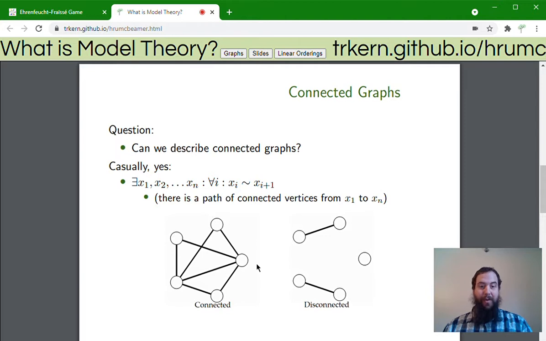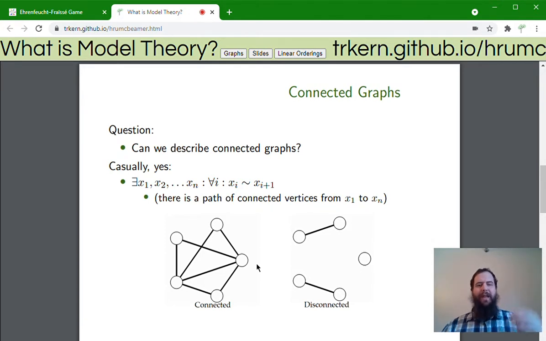the fact that we were able to prove it, right? If there is a formula, I can just show you the formula, and maybe it's a complicated formula, and so I have to explain to you why this formula does what it does. But how could we prove that there's no formula that expresses the notion of a graph being connected?